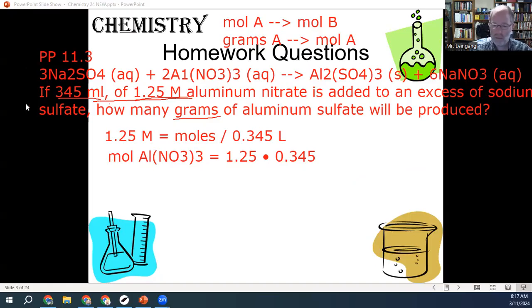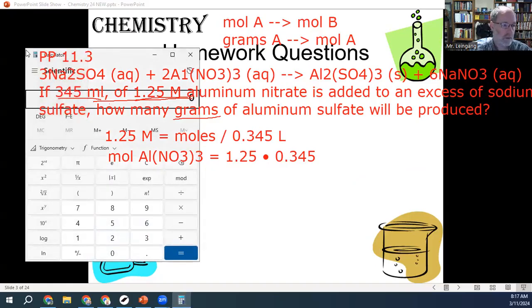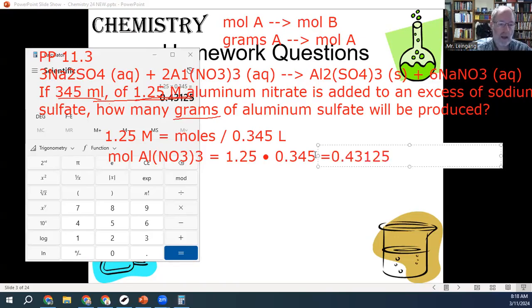Now I just need to get my calculator out and figure out what this means for moles. My handy dandy calculator built into my computer here. 1.25 times 0.345. Calculator says it's 0.43125. Of course, I'm going to limit myself to 3 significant figures. So to keep the 3 highest place values, look at the next one.